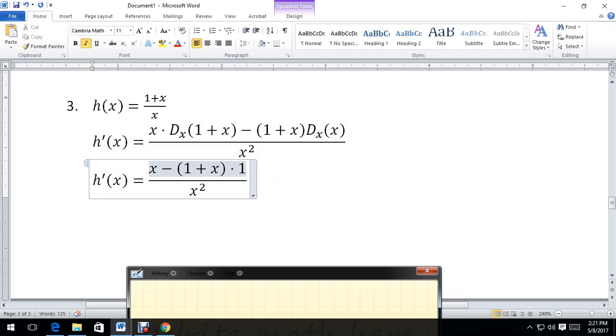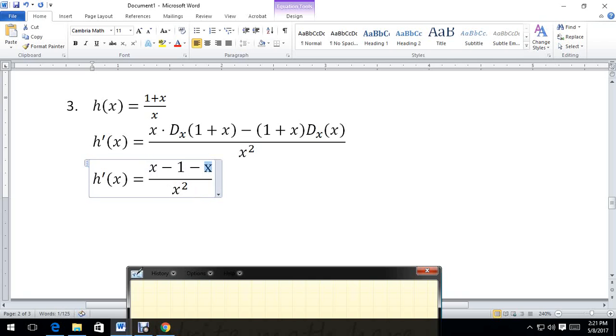Next is minus high times derivative of low; the derivative of x is equal to 1, so that becomes 1. Since this is only times 1, we could remove that part and distribute the negative to both 1 and x. That makes it negative times 1 is negative 1, and negative times x is negative x.